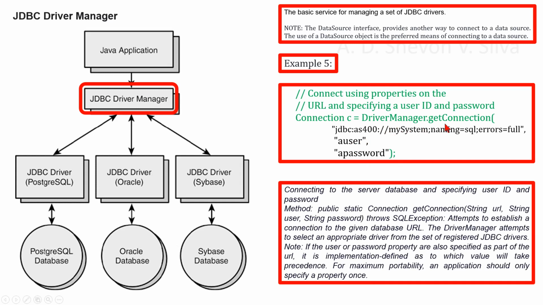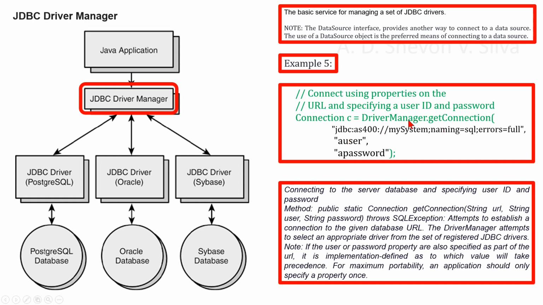The method public static Connection getConnection(String url, String user, String password) attempts to establish a connection to a given database URL.